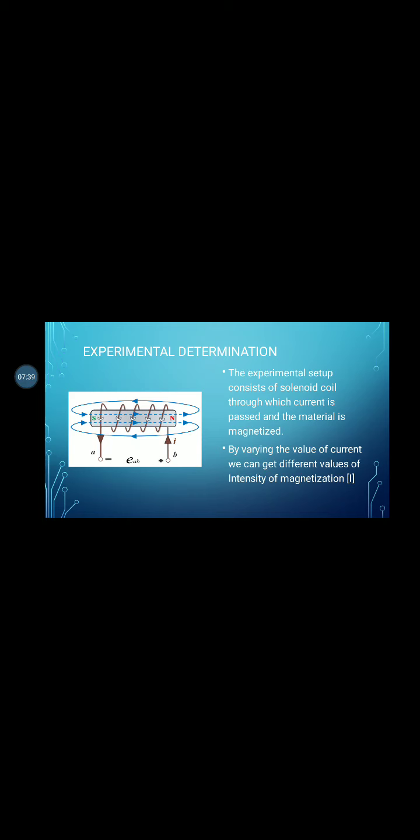Okay, so what will happen as soon as we increase the supply current? When there is no input, there is no existence of flux density B and magnetizing force H. So we will see the graph directly.